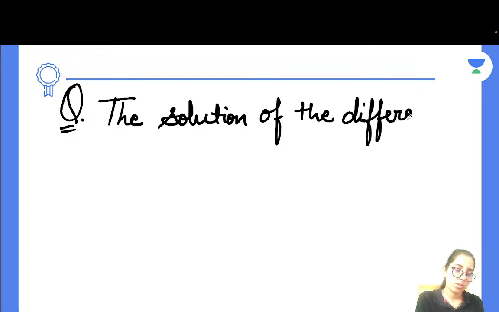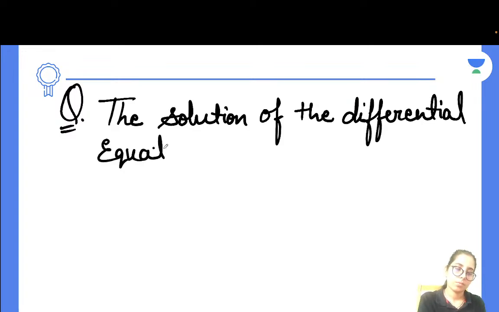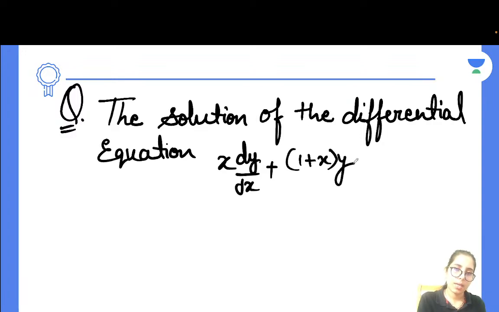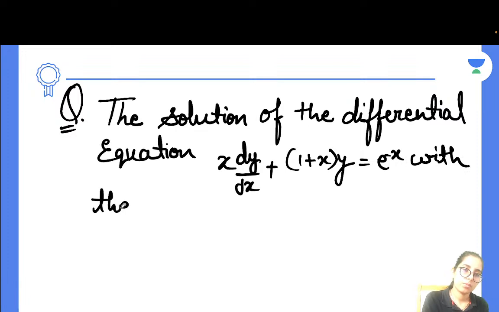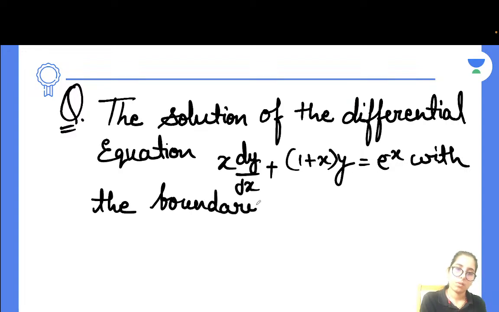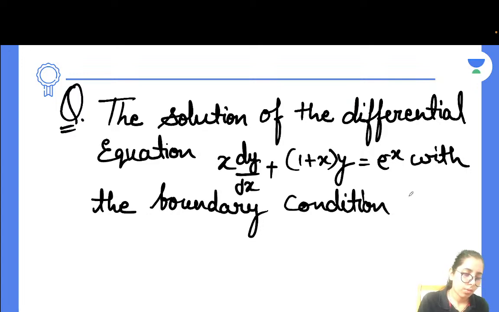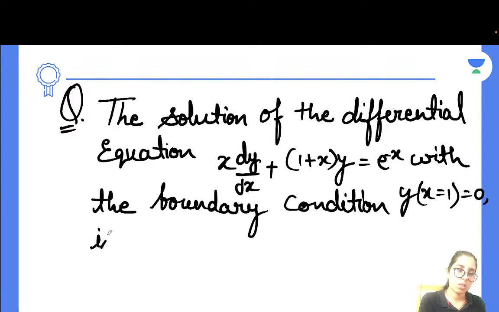differential equation x dy by dx plus 1 plus x times y is equal to e to the power negative x with the boundary condition y at x equal to 1 is equal to 0 is.